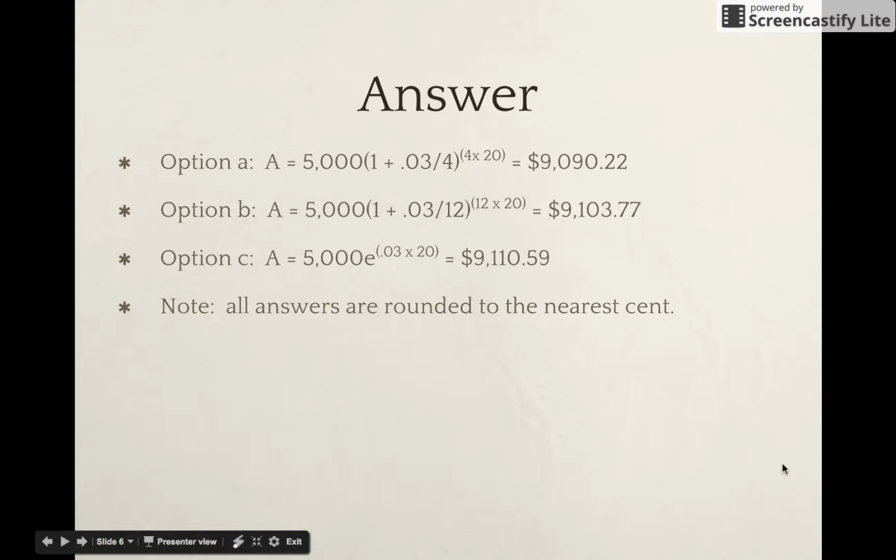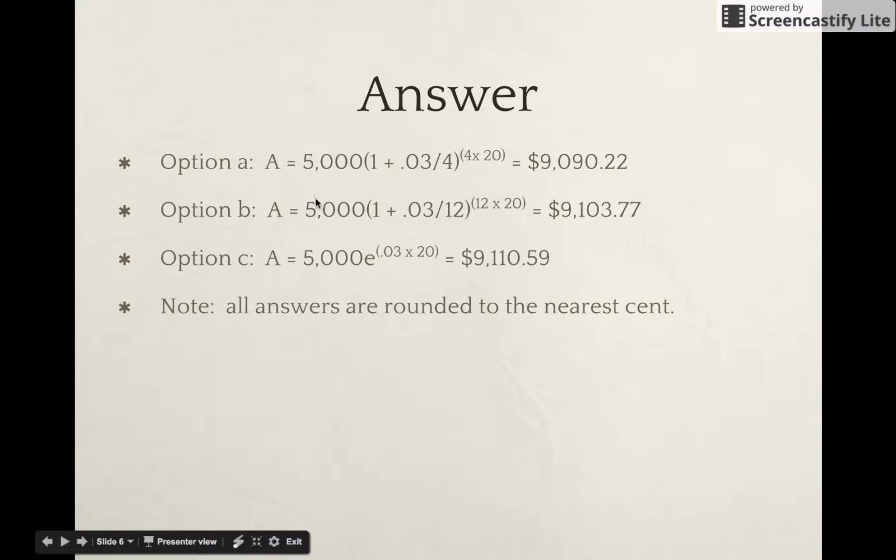Taking a look at our different models, for the first two options, the interest is compounded a finite number of times per year. And so we'll use the first compound interest formula to compute those. And in the third option, where his interest is compounded continuously, we will use the second model.